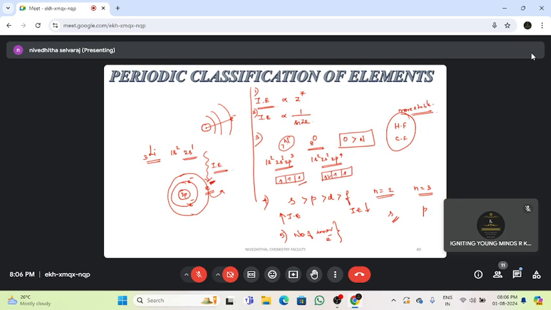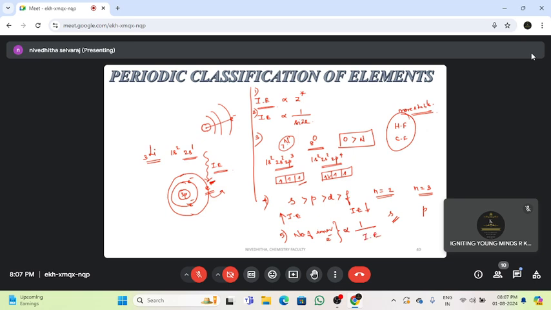Yes, ma'am, because if the inner electrons are more, then shielding will be more. So the nucleus is perfectly shielded now, so the nucleus cannot show attraction on the valence electron. So it can be removed easily. So if inner electrons are more, then ionization energy will be less.